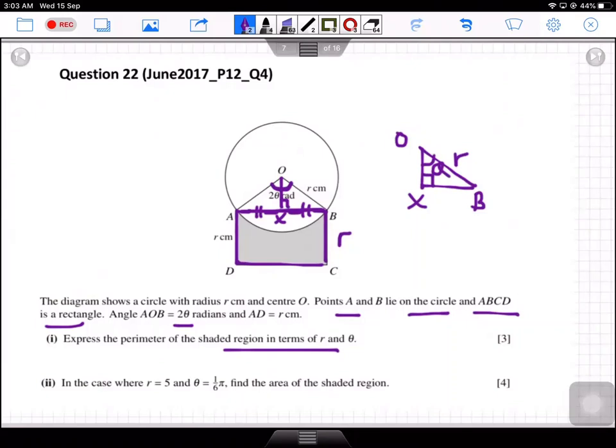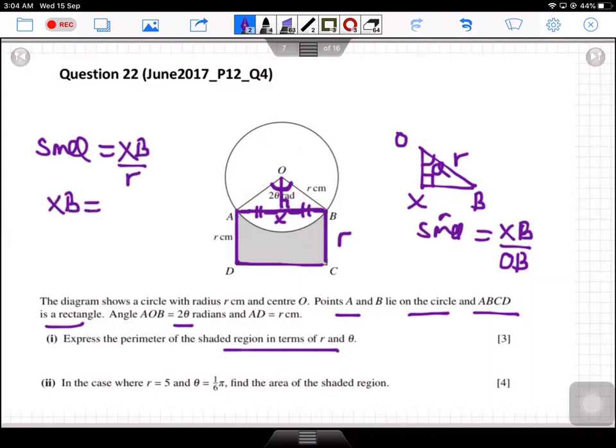Opposite over hypotenuse: sine theta is equal to opposite, which is XB, divided by hypotenuse, which is OB. So sine theta is equal to XB divided by r. So we can say that XB is equal to r multiplied by sine theta.